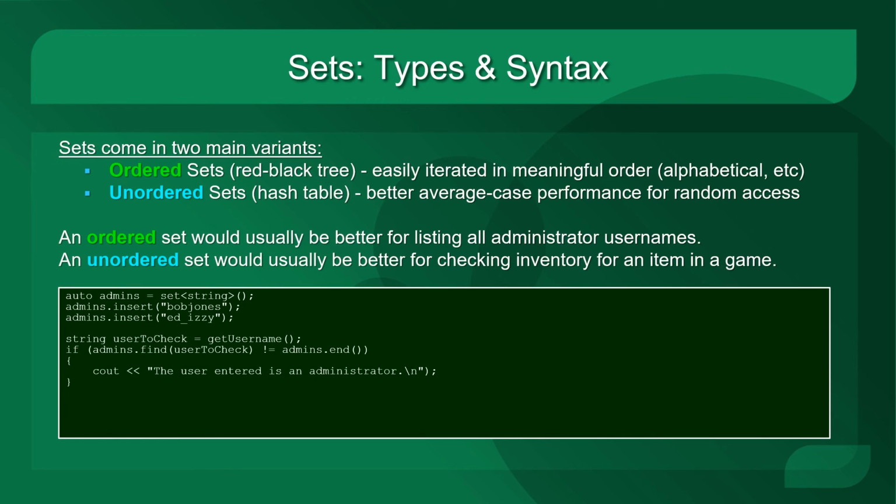If the element is found, it will return an iterator pointing to that element. However, if that element is not found, it will return the end iterator. So, we check to see whether or not the end iterator is returned. If it is not returned, then the user is an administrator. And if the end iterator is returned, then the user is not an administrator.